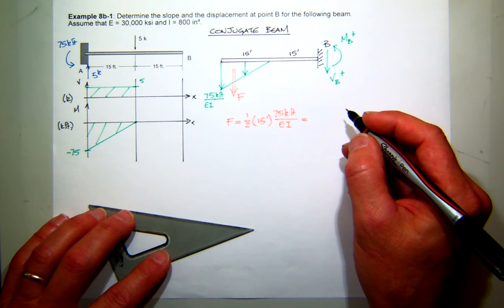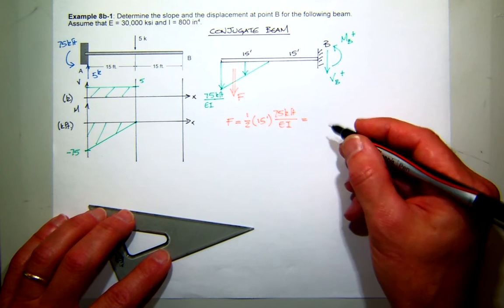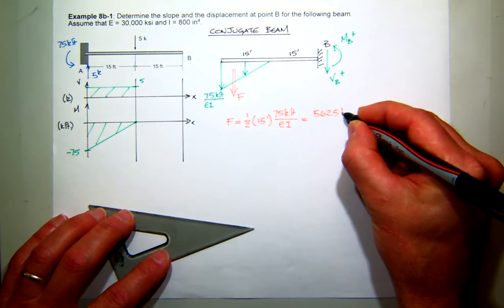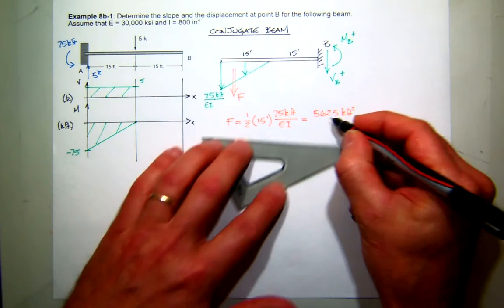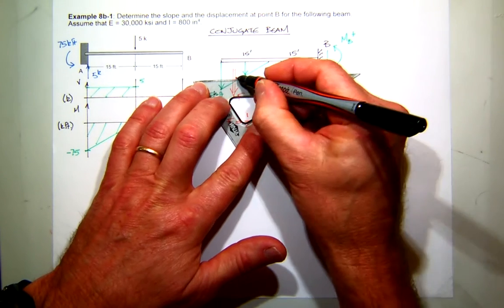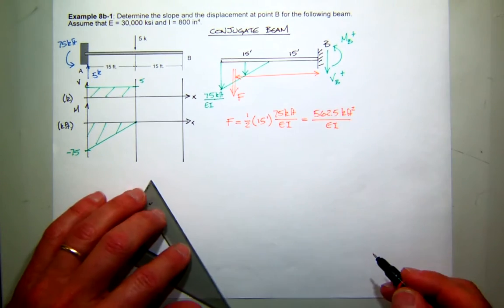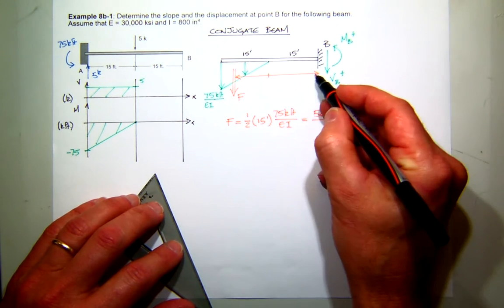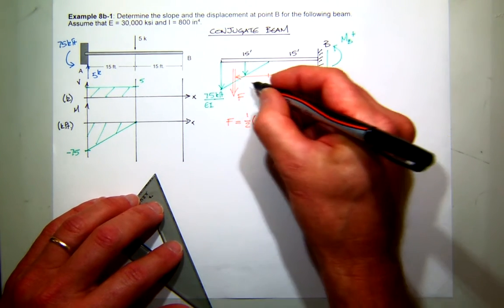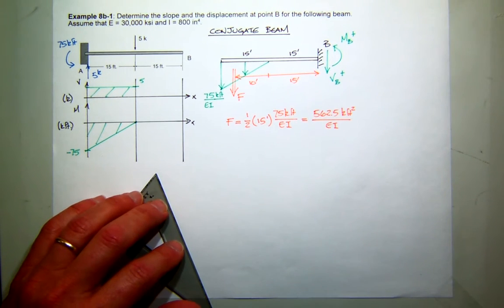That would require a calculator and your fingers. 562.5? So that's going to be kip feet squared over EI. Now, what's going to be the distance from the right-hand side? 25. We know this is 15 feet, and then 2/3 the distance is 10, so that's a total of 25. So I have everything I need.